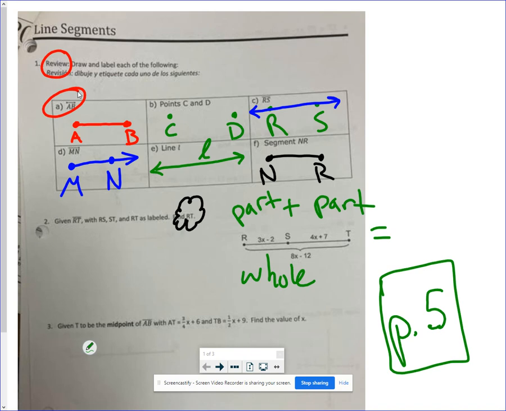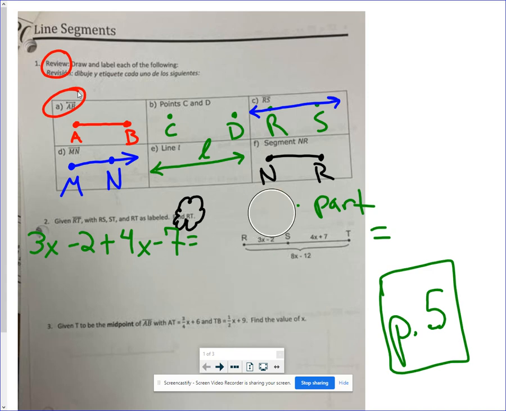So that's 3x minus 2 plus 4x minus 7 equals the whole in total. I'm going to move things a little bit to the right, so we have room for 8x minus 12. Now we're going to solve this equation.